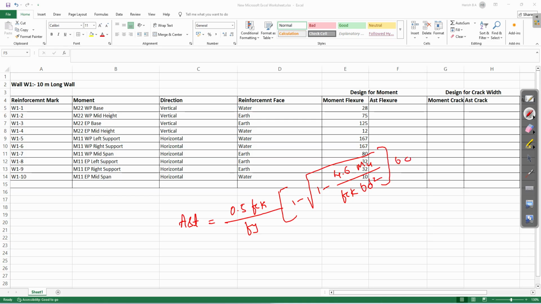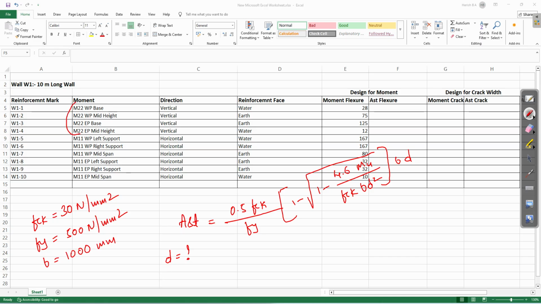into B into D. Here FCK, grade of concrete, is 30 Newton per mm square, Fy, grade of steel, is 500 Newton per mm square, and B is unit width, which means 1000 millimeter. For D there will be two values.